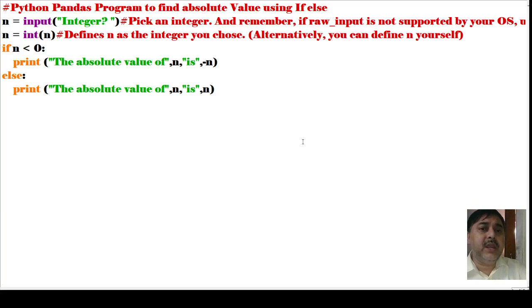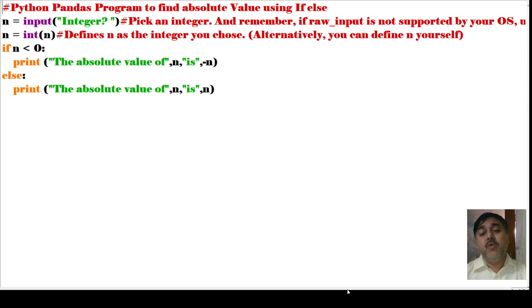So define an integer n that you can already use to define yourself what the integer is. If n is less than 0, then it will write the absolute value of n is minus n. Okay, so this is what is there, and if it is not less than 0, then it will show you.